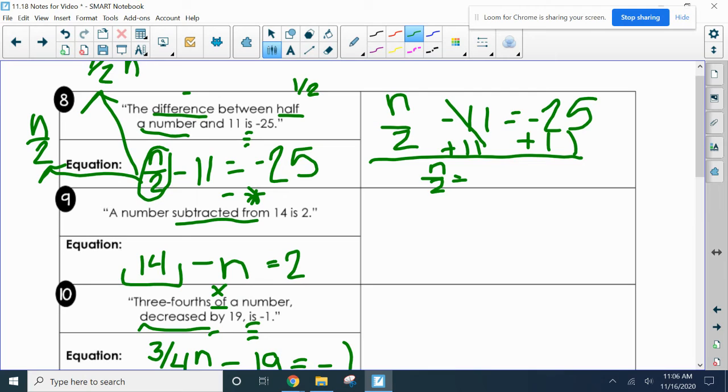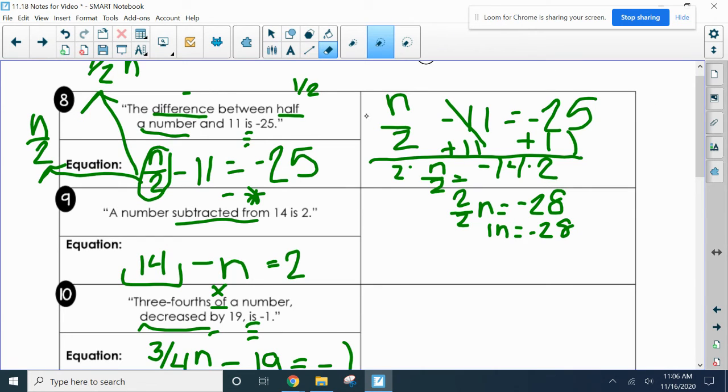So 25 minus 11 is 14, and 25 is bigger, so negative 14. How do we get rid of divide by 2? Multiply by 2. Awesome. What I do to one side, I must do to both. So I have 2 over 2 n is equal to 14 times 2 is 28. A positive and a negative is negative 28. And 2 over 2 is just 1. So 1n equals negative 28. All right. Did you get that right? If not, did you see what you did wrong? Awesome.